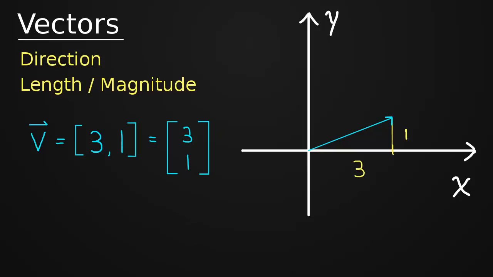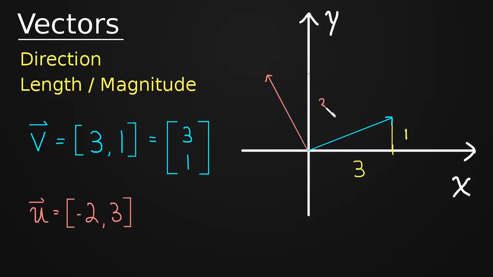Okay, let's look at another example. Let's look at, let's say, the vector u, and let's say it has the components (-2, 3). Well, that simply means we're moving over -2 in x and up 3 in y. So maybe something right around here.